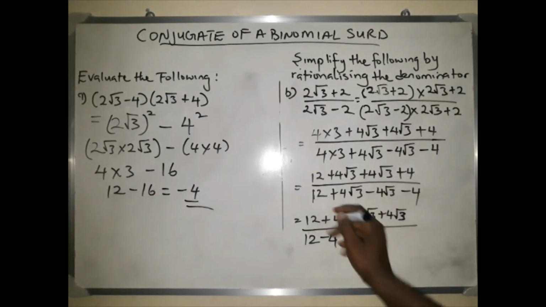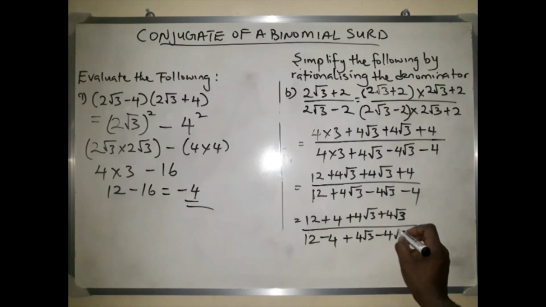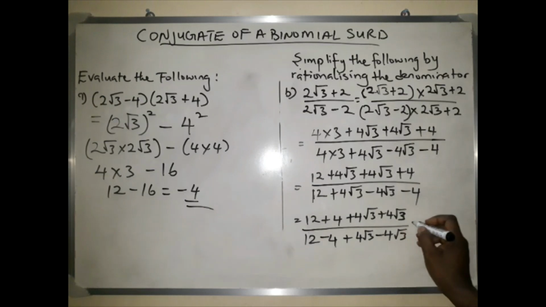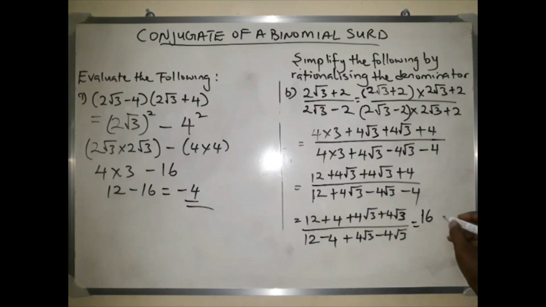You bring this minus over here. You now write plus 4 root 3 minus 4 root 3. Okay, so now 12 plus 4 is going to give you what? 16. Then plus 4 root 3 plus 4 root 3 is going to give you what? Plus 8 root 3.